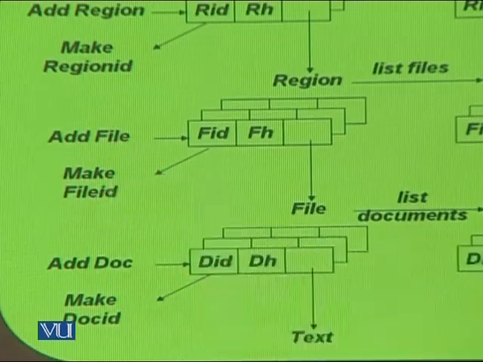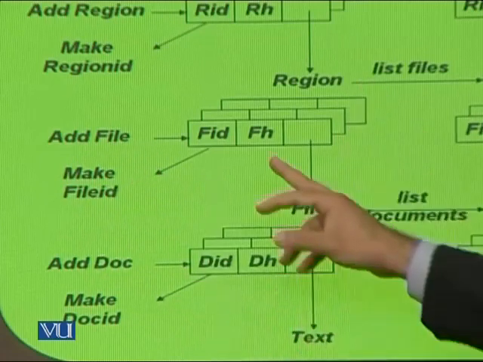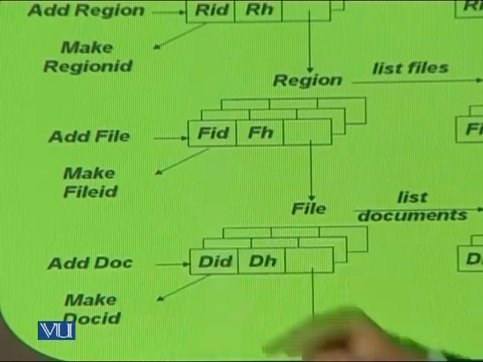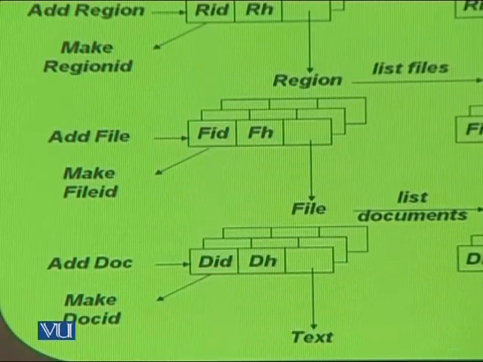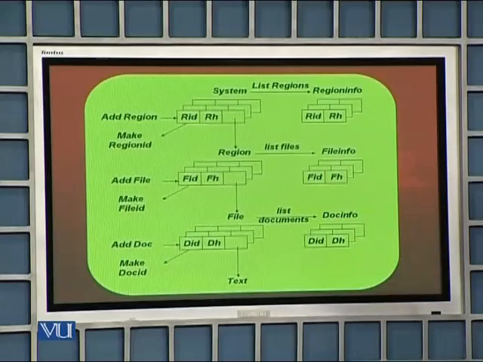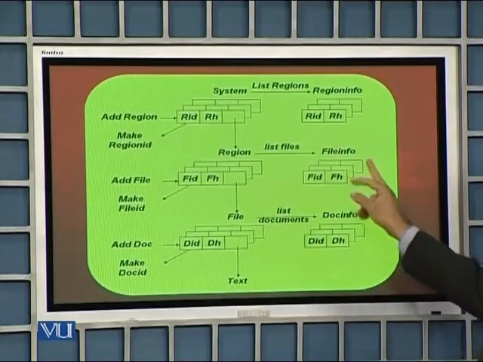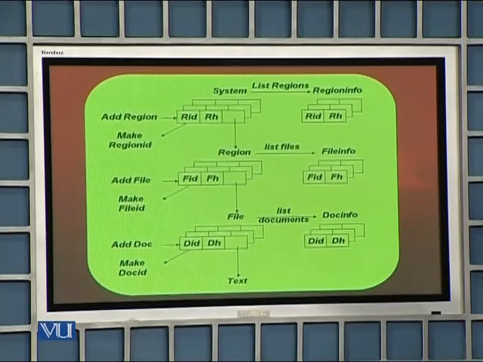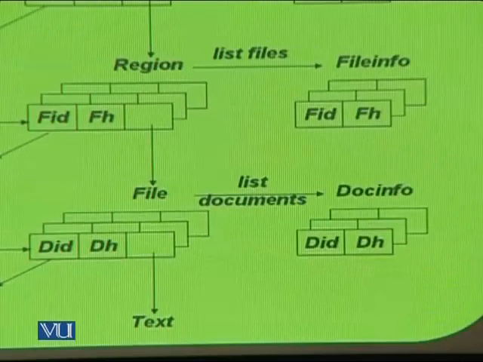That is, we may add a file to the region, and then it will create a new file ID and give us that new file ID. We may want to list all the files in that region, and it will give us a list of all the files with their file ID and the file header. So the file info will contain that.